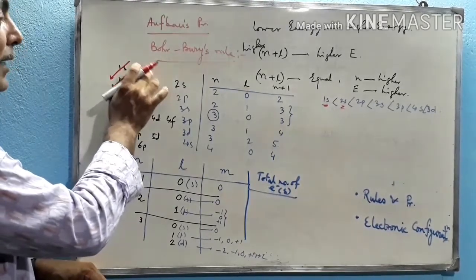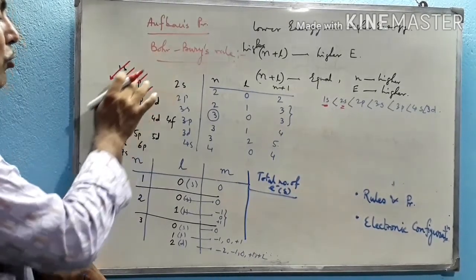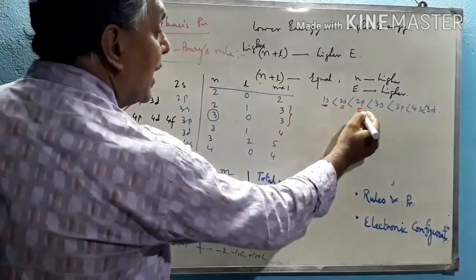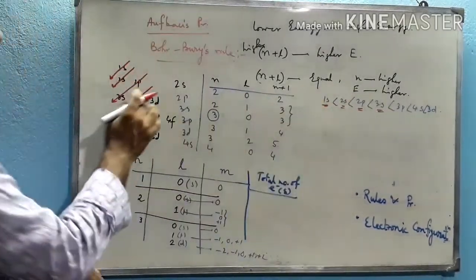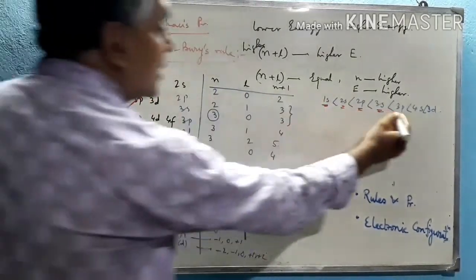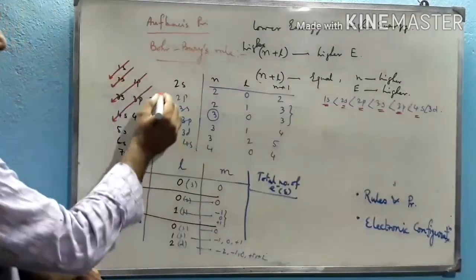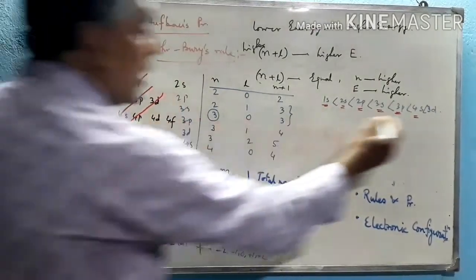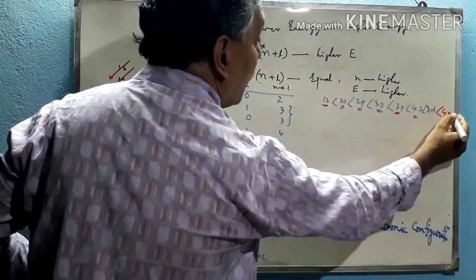So the energy of 3s is greater than that of 2p. At the tail point its energy is somewhat less. So 2p is less energetic than 3s. Then 3p, then 4s, 3d, 4p, 5s. That means 3d, then 4p, 5s, etc.